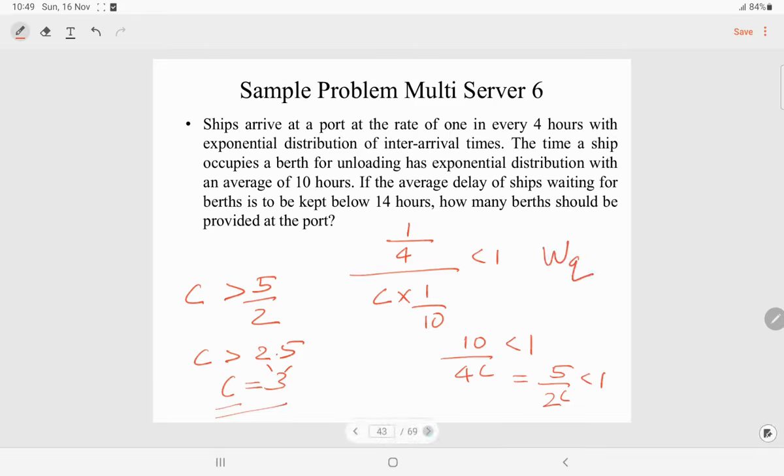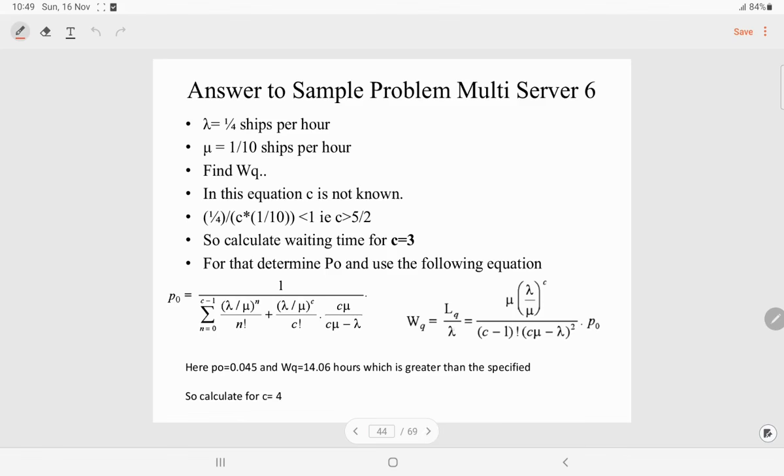For that, the equation is mu into lambda by mu over C, into C minus 1 factorial, C mu minus lambda the whole square, into P0. So we need to find P0 first. Solving that, we get P0 as 0.045, and substituting this value we get WQ equal to 14.06.